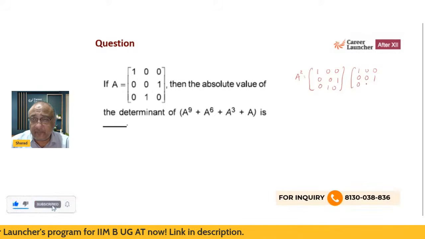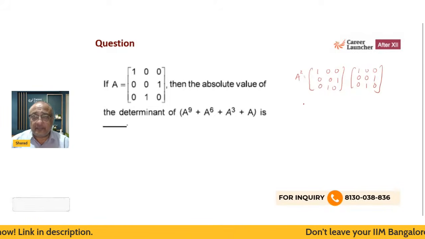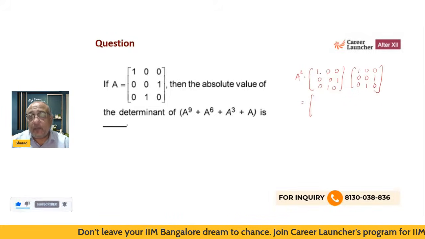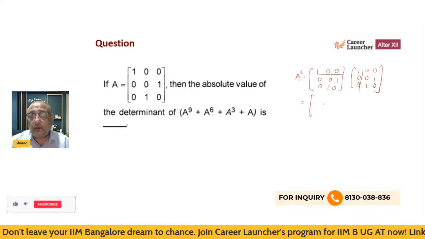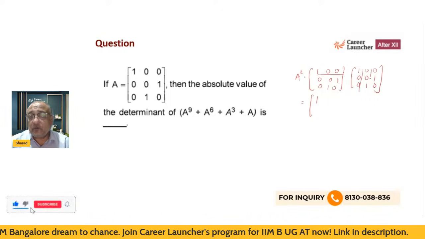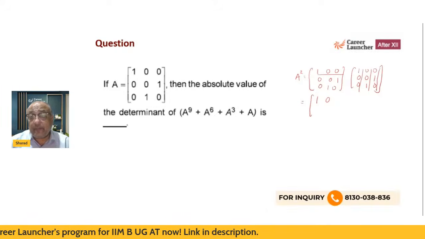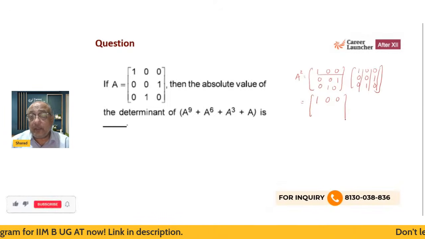So we have to be careful while taking out data from the question to my answer sheet where I'm solving the problem. Now, if I solve this, I'll get what? First row, first column, of course, I'll get 1. First row, second column, I'll get 0. Please keep on checking whether I'm doing it right or not. 0.